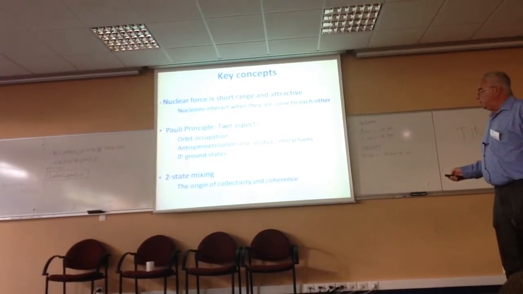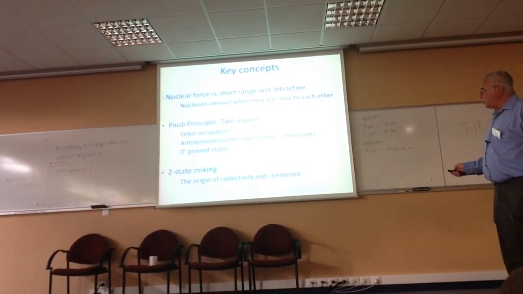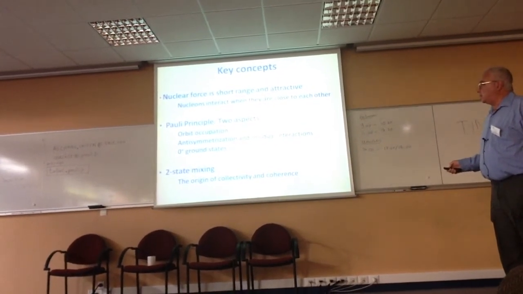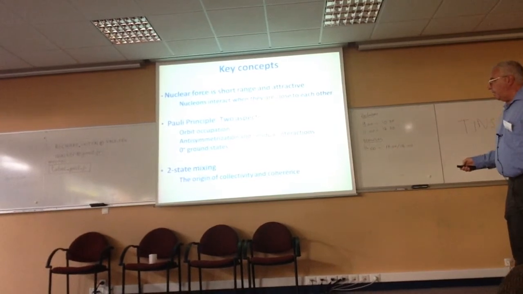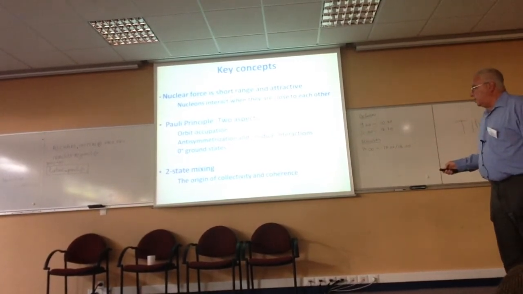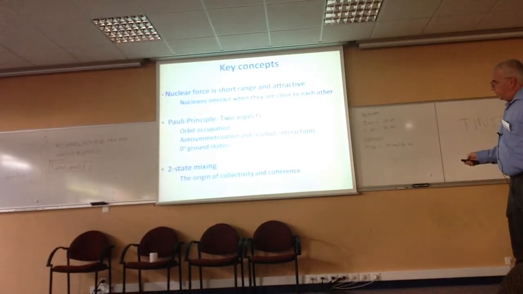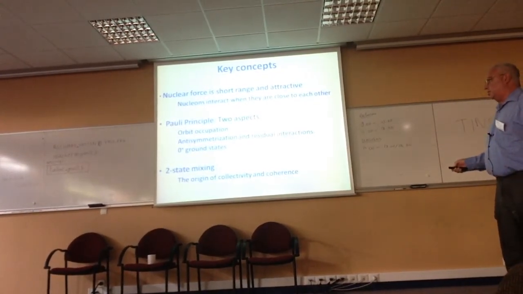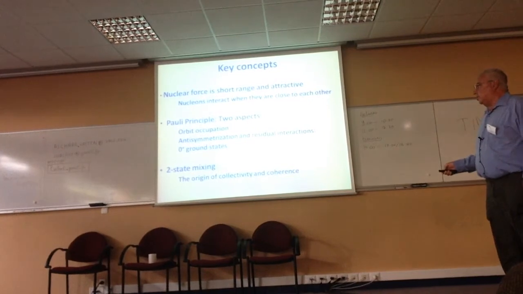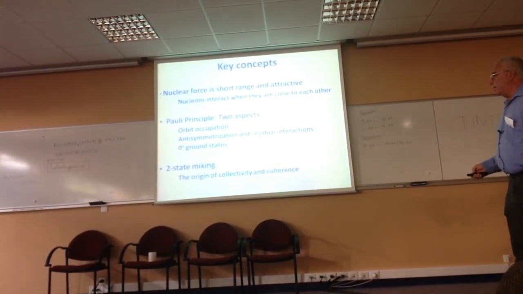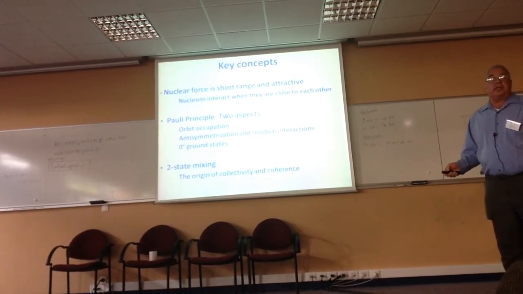The Pauli principle is the second, which has two aspects. It controls the occupation of these nucleons in specific orbits, and it implies anti-symmetrization of the wave functions, and that has a big impact on residual interactions, and as you will see, is the reason basically why even nuclei have 0+ ground states. And then two-state mixing, or mixing in general.